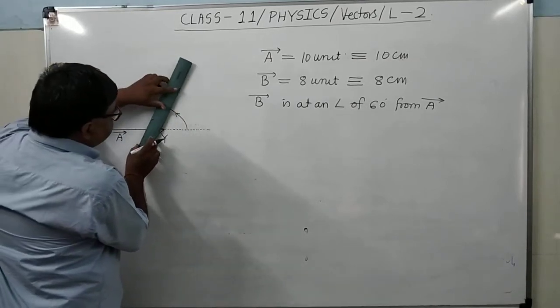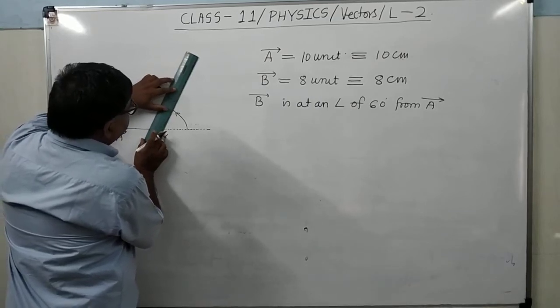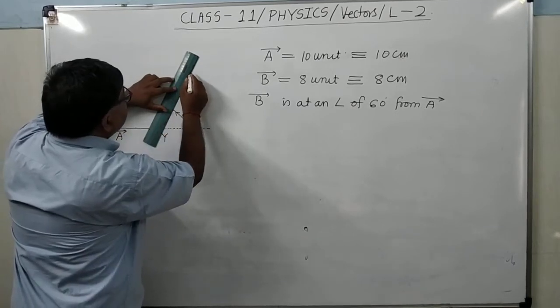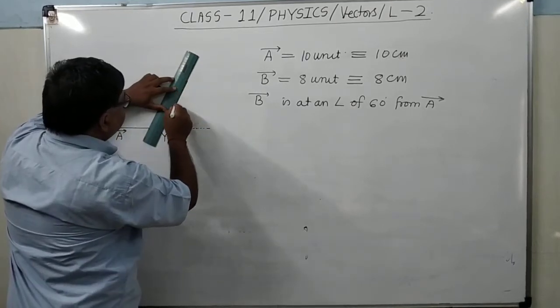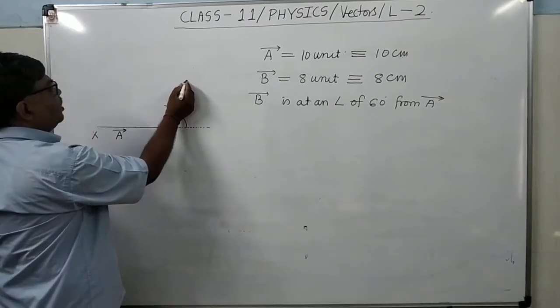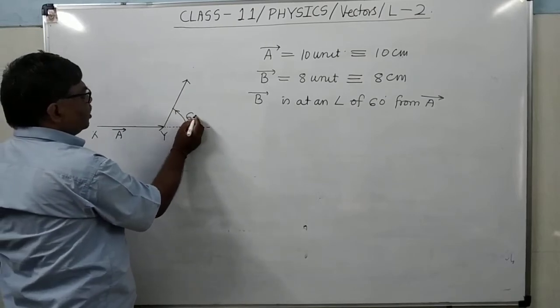And in that direction you draw a line segment of how much length? Here, I have drawn this 8 centimeter length. This angle is 60 degree.